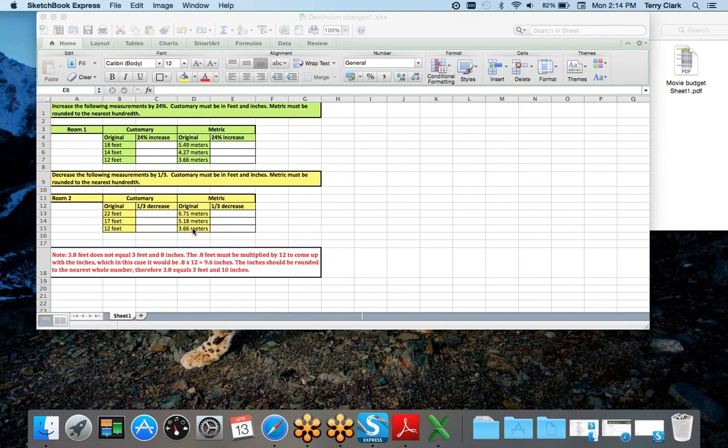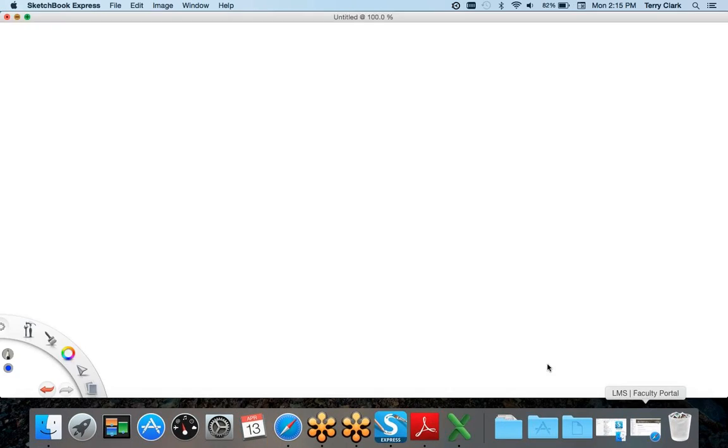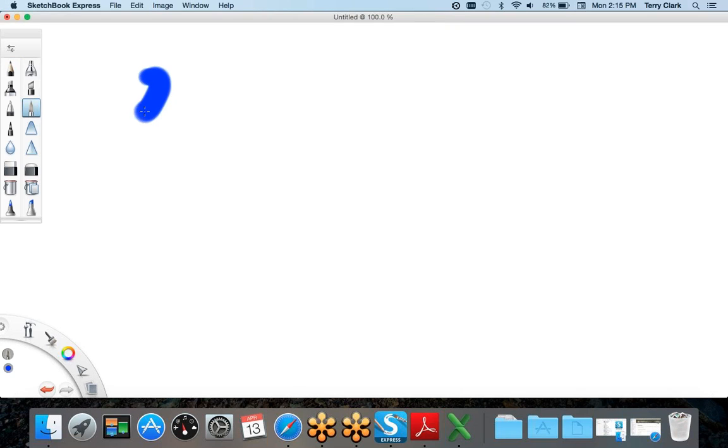Now, the bottom one talks about decreasing. So let's say we're going to decrease 20 feet by 1/3. To decrease it by 1/3, we can do this one or two ways.